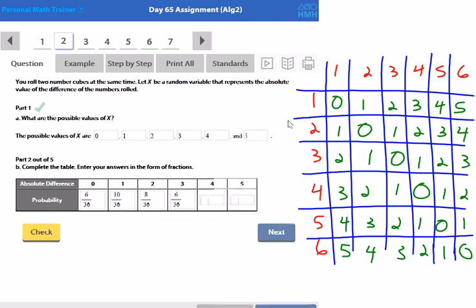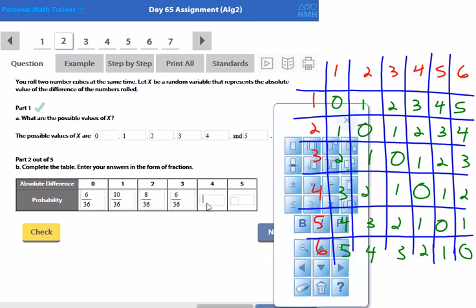The fours are 4 out of 36. And the fives, there are only 2 fives. So 2 out of 36.